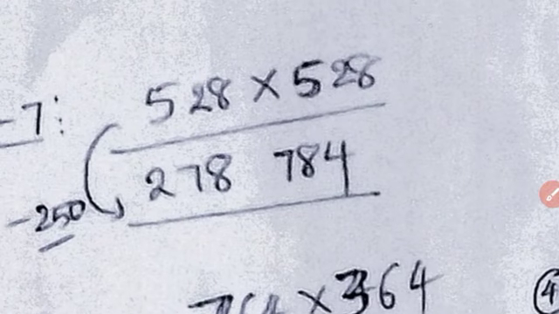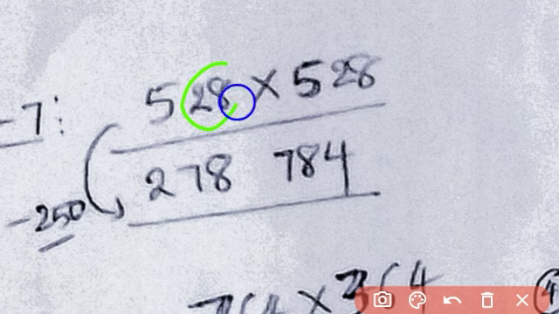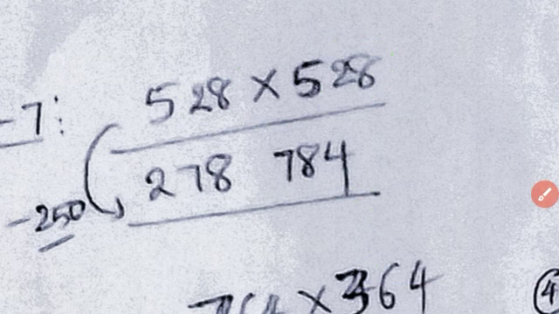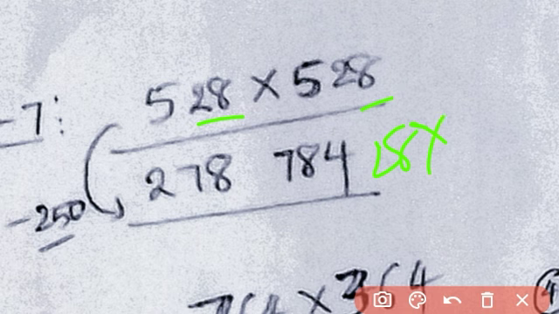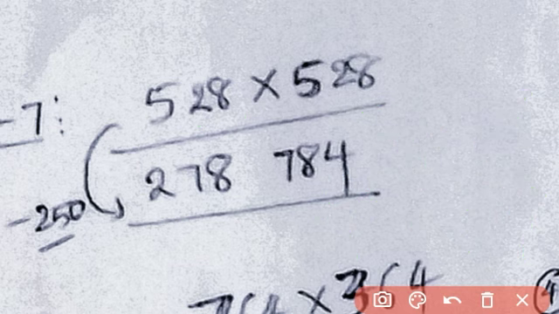Next example, you have 28 and 28, multiply 28 into 28, you get 784. We can write this. On the left side we have 528.